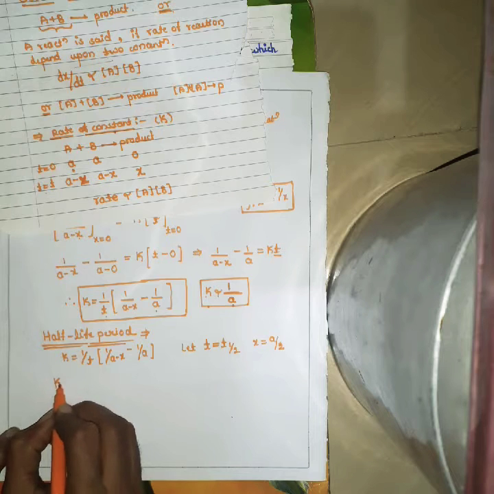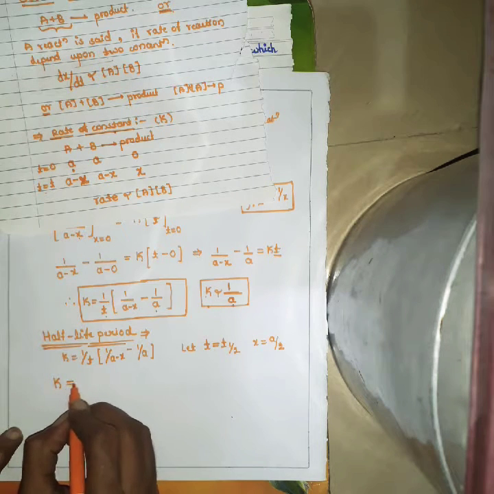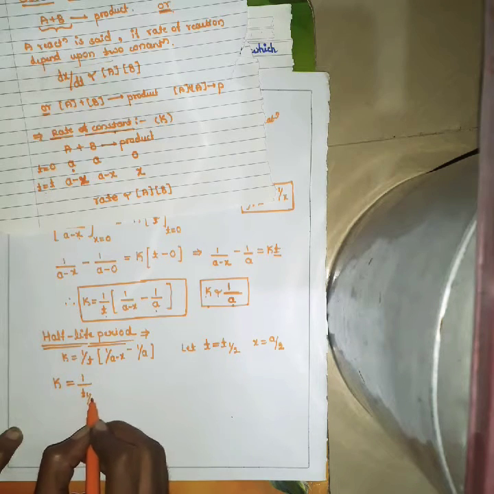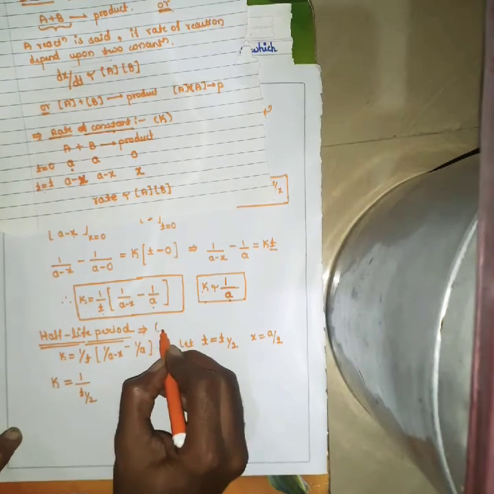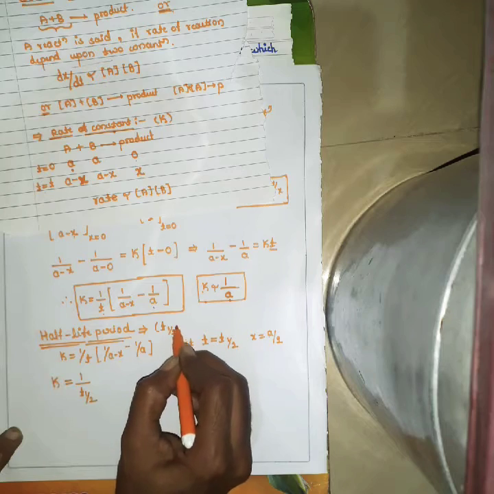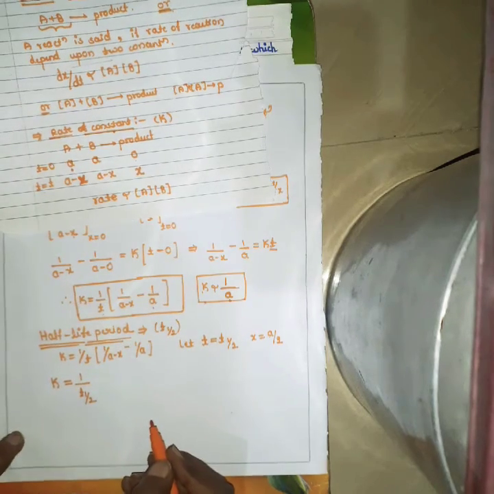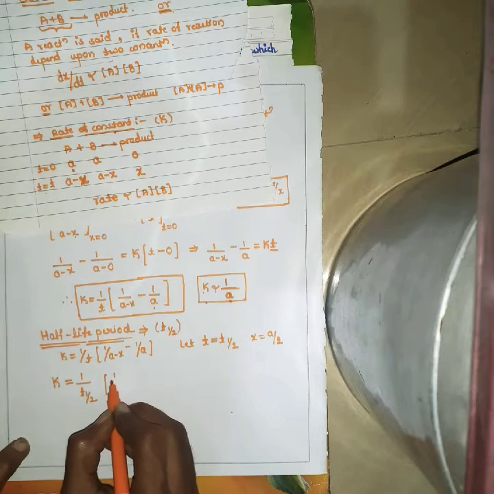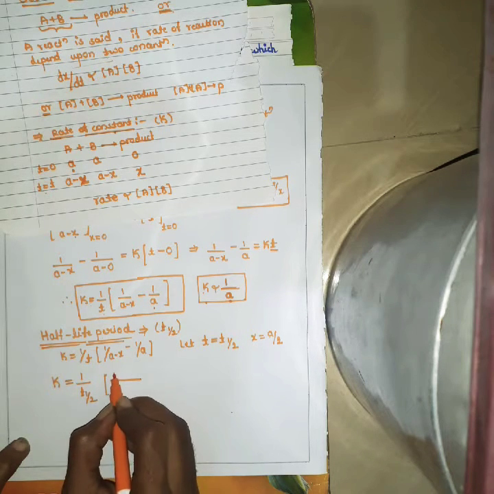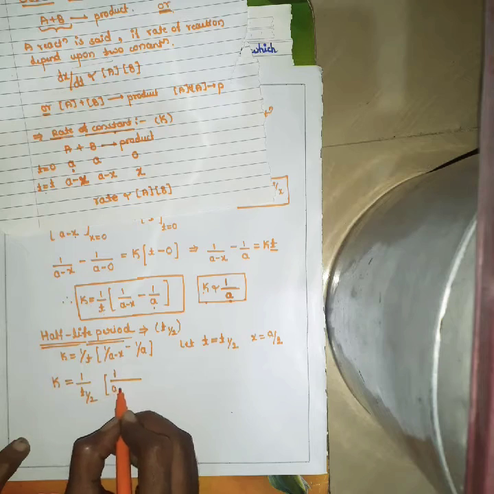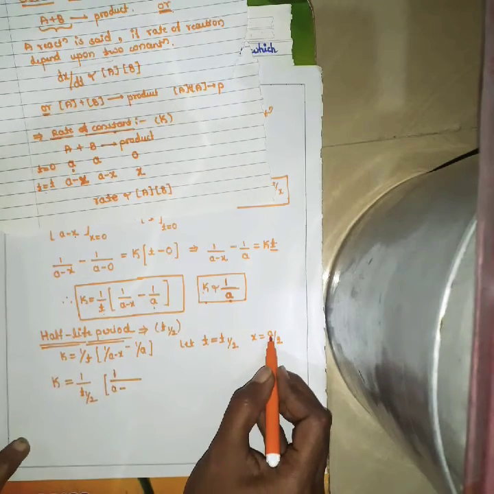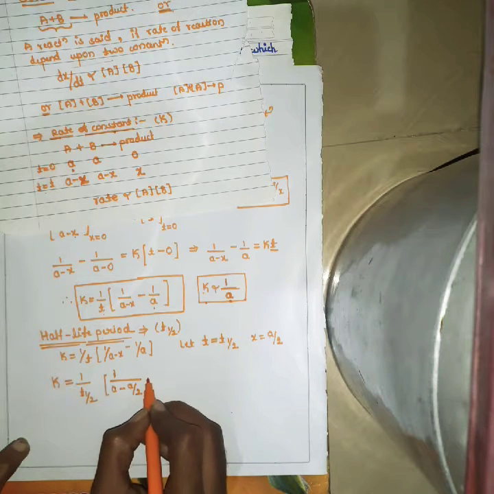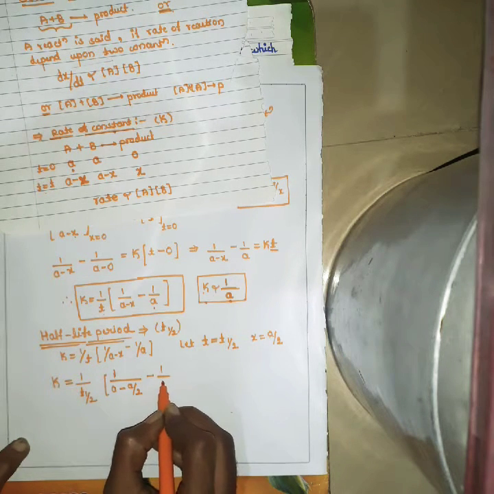Then the equation becomes k is equal to 1 divided by t half, where t half is the half-life period for a second order reaction, into [1 divided by (a minus a divided by 2) minus 1 divided by a].